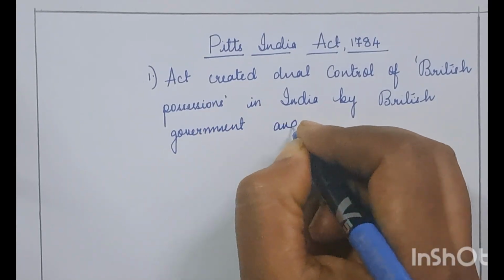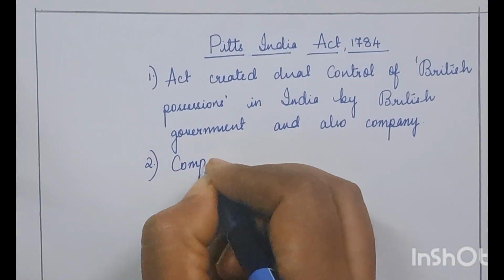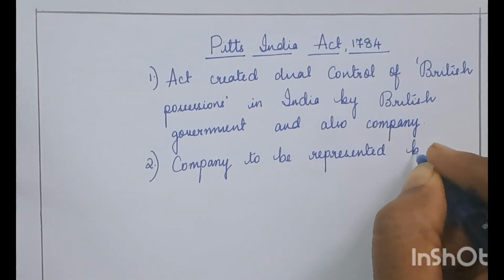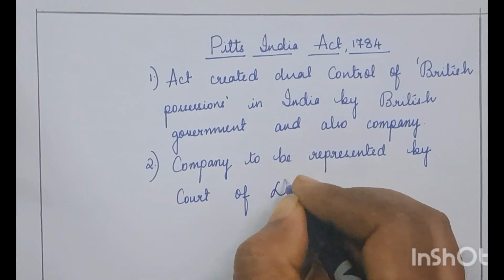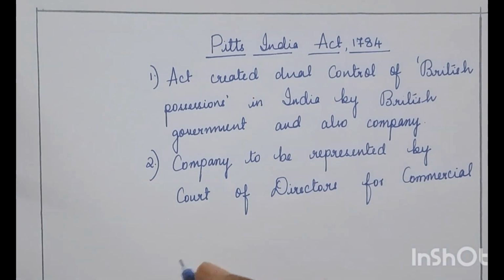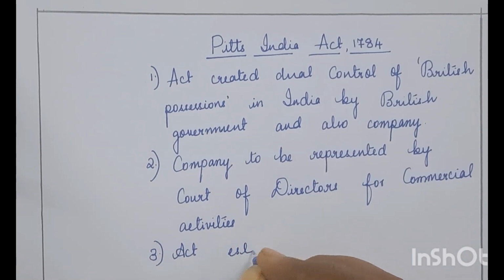The Court of Directors to look after the commercial activities. So, the Court of Directors are meant for commercial activities, whereas the control, that is the military and civil control, is under British government. The Governor General was given the power of veto and enhanced his power.